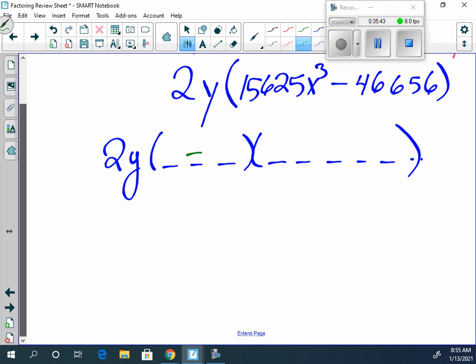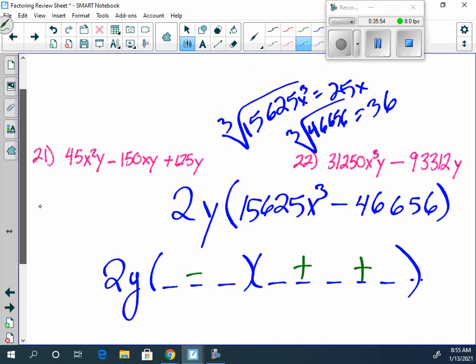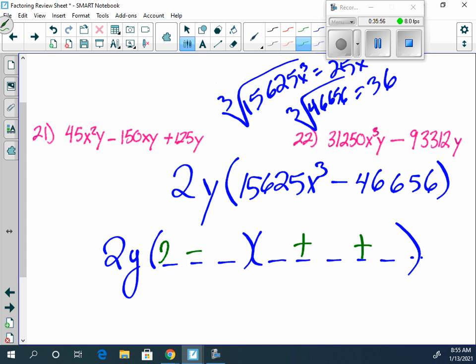Now, our signs are going to be the same, opposite, always end on a positive note. Now, our first set of terms is going to be 25x. Here we'll have 25x squared. Here we'll have 25x.